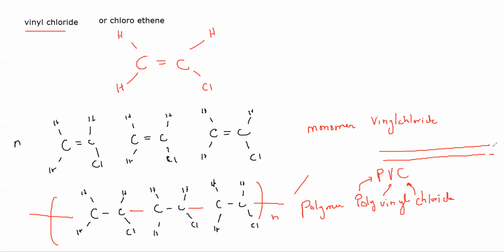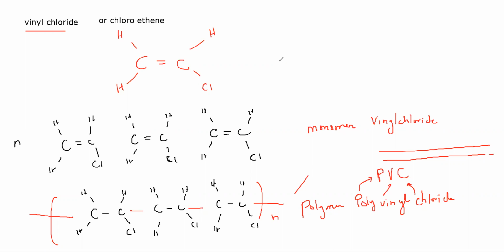So mainly they are polymers which are formed by vinyl chloride, which is also called chloroethene. Is it clear? Common names you don't have to learn. This is just for information.